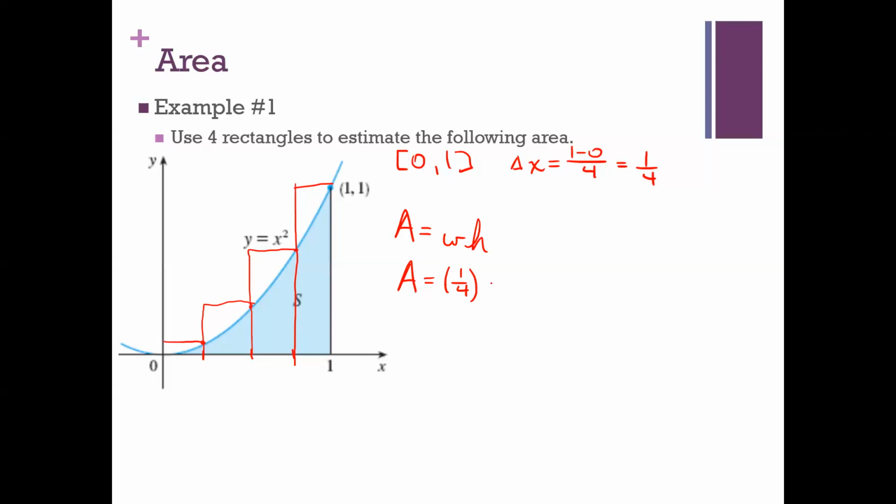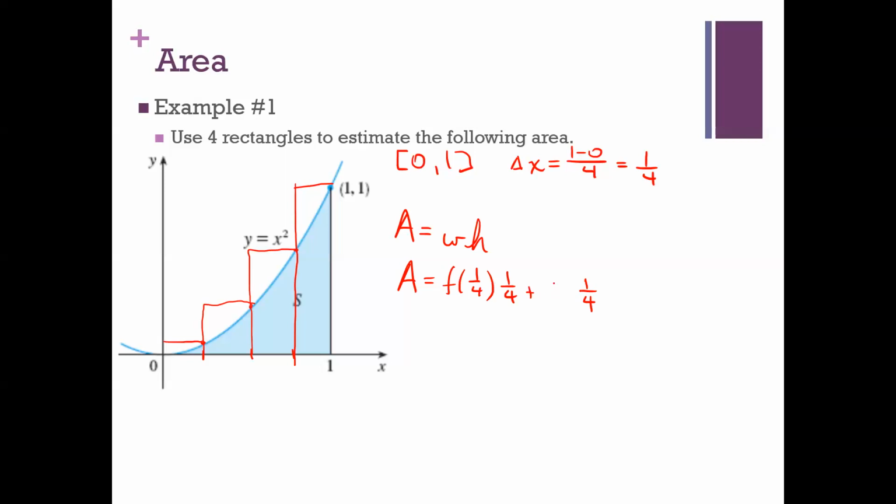It's going to be f of 1/4 times 1/4, right? Okay. We'll plug in later, but how would I find the area of the second rectangle? What's the width? The width is still 1/4, right?